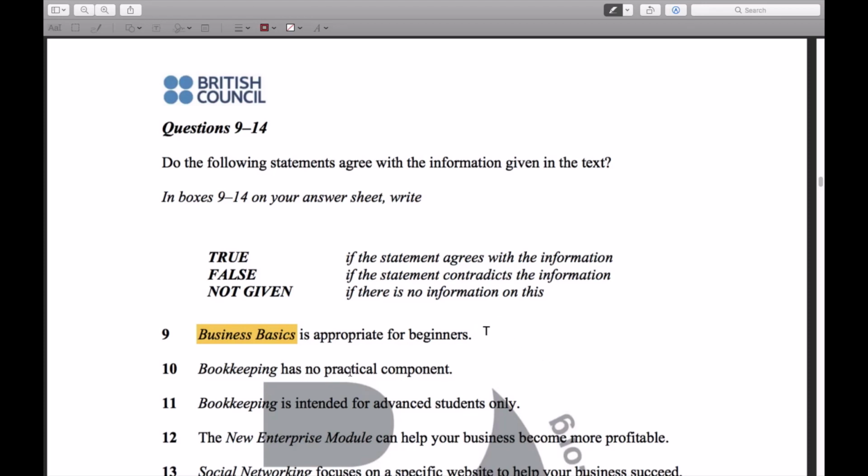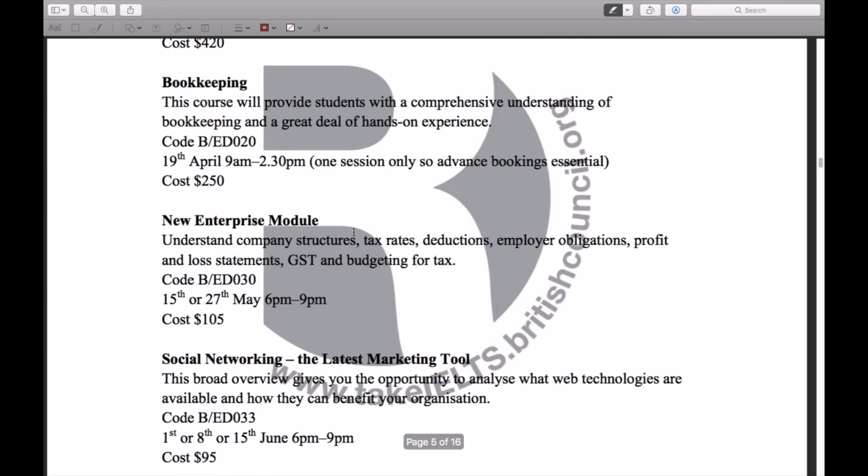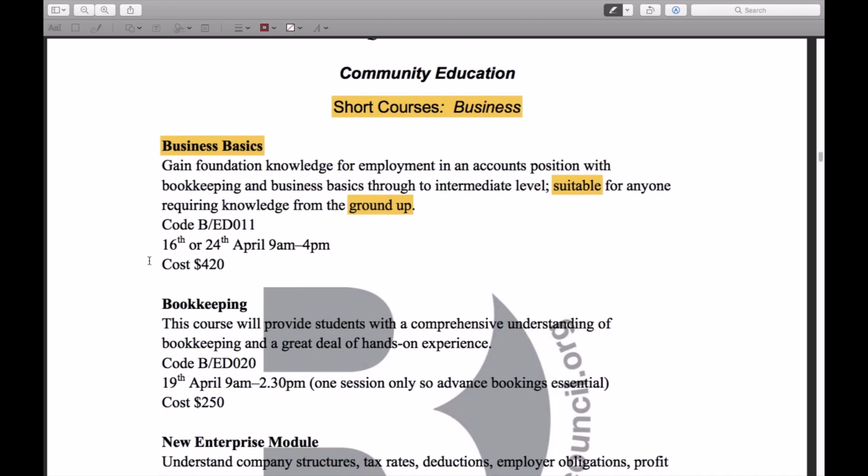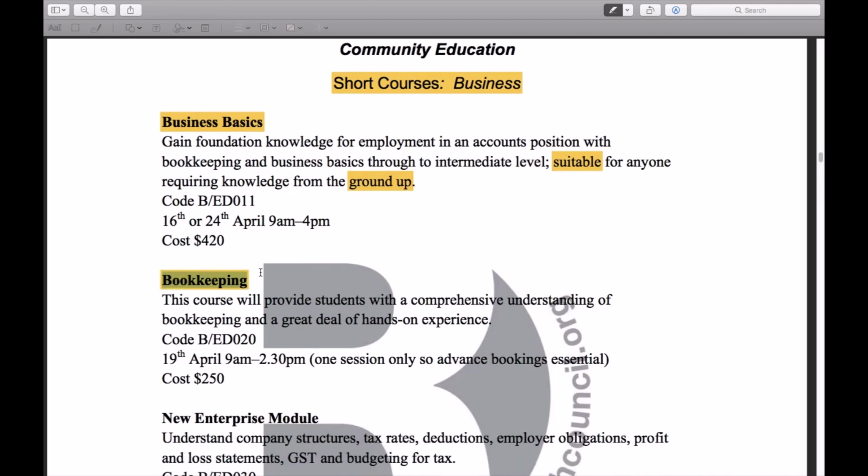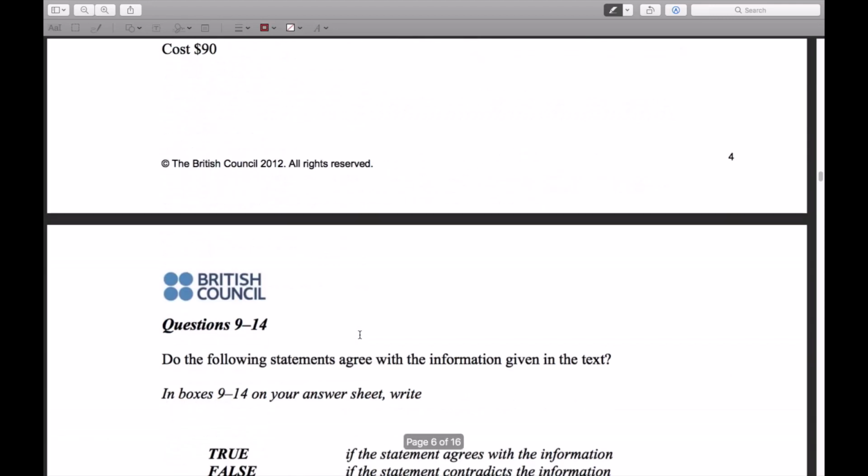Bookkeeping has no practical component. So we're looking at bookkeeping and we have to see if it has a practical component or not, or even if it talks about this or not. Bookkeeping: this course will provide students with a comprehensive understanding of bookkeeping and a great deal of hands-on experience. So it does provide hands-on experience.